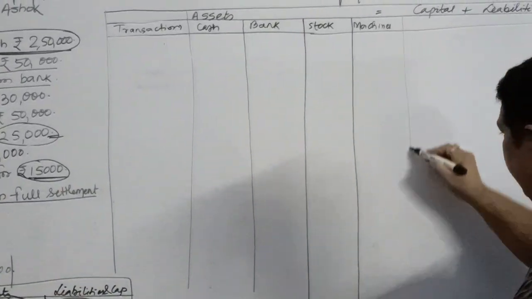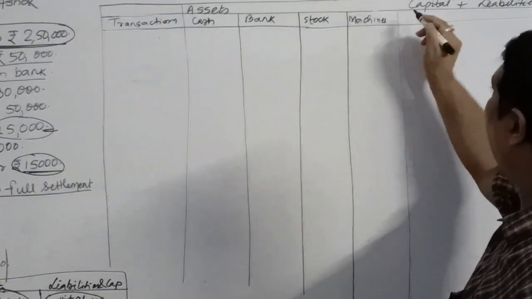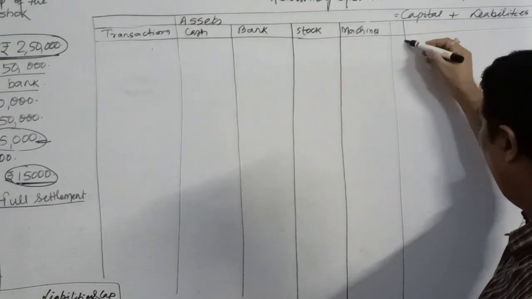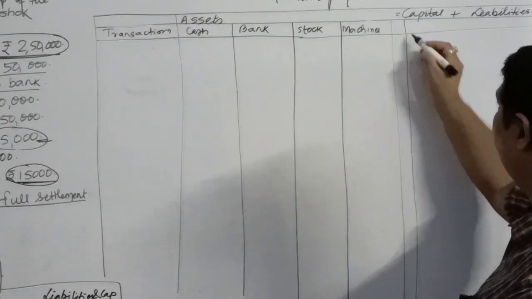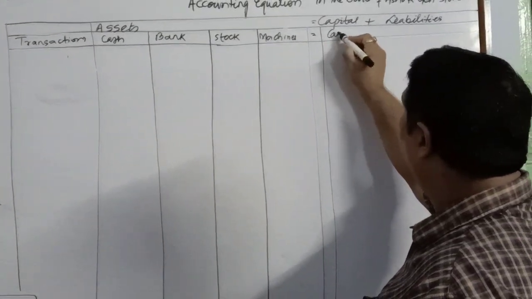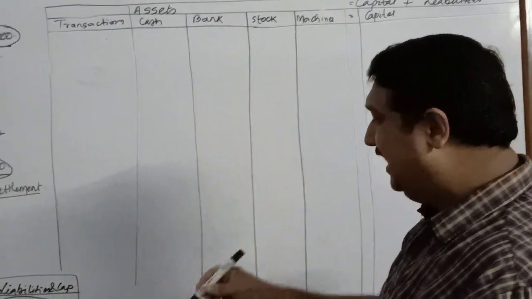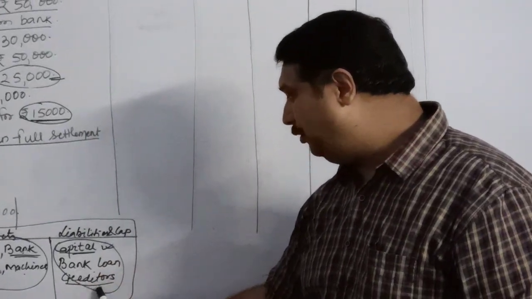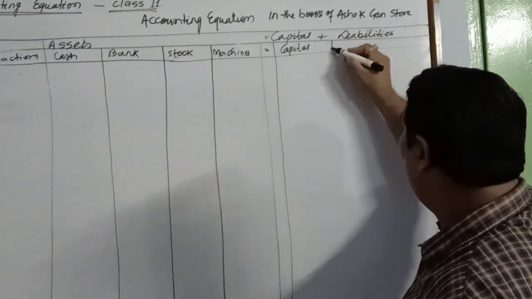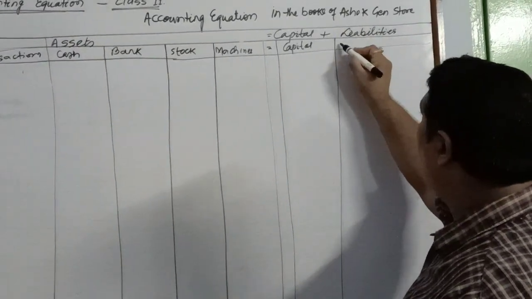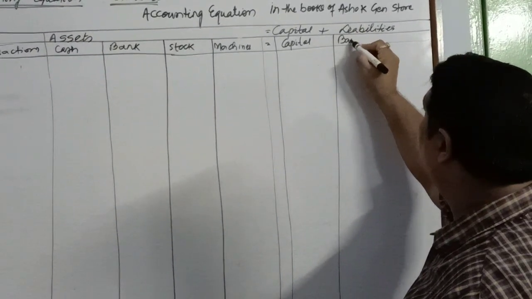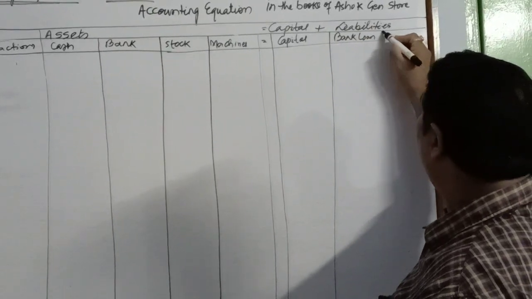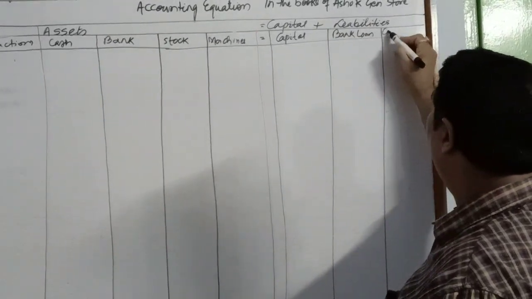I'm just writing in short machines. Now I have to draw the column for this equal. So just make a bifurcation over here. You can write equal. Capital. On the liability side, you need capital, bank loan and creditors. So one column for capital, other column for bank loan, and third column is for creditors.